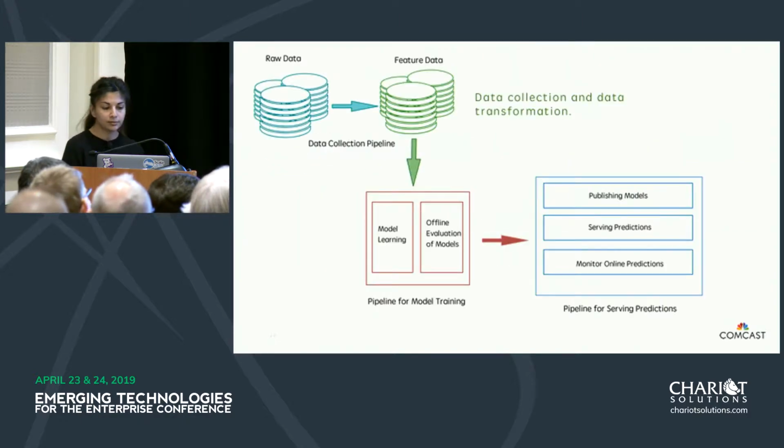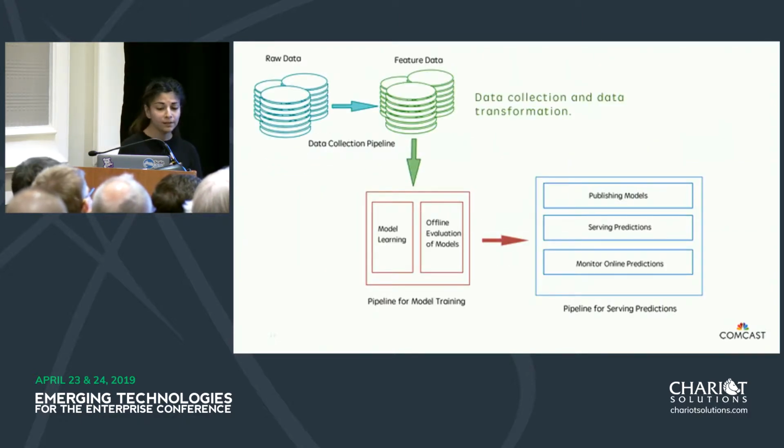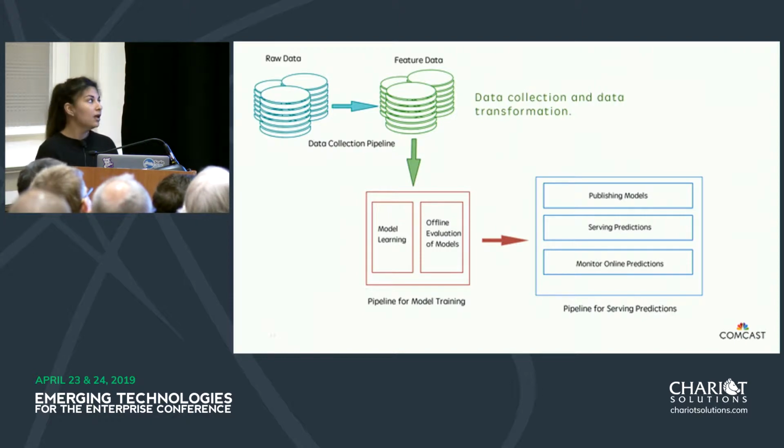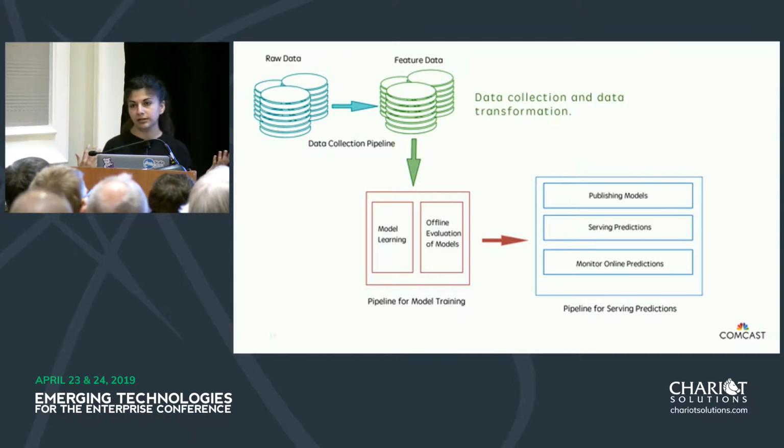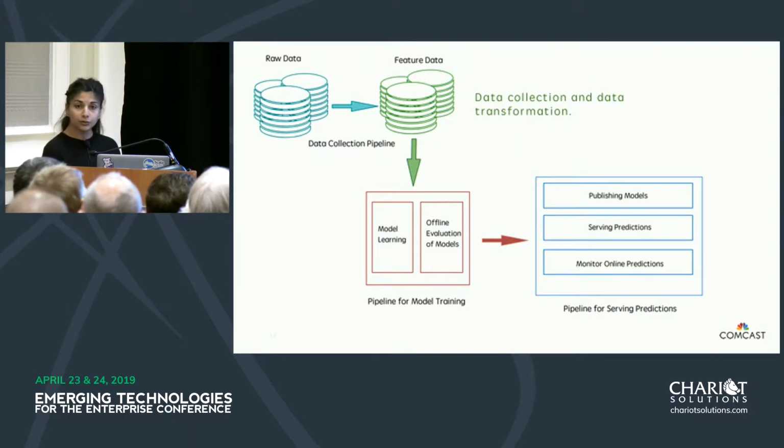So it gets a little bit more complicated. Let's say you don't live in a perfect world, and you have to build your data collection pipeline or your data platform. That's where you take raw data, you consume it from wherever it's available in your organization, and then you turn that into feature data sets. Feature data sets are typically what models are trained and learned against.